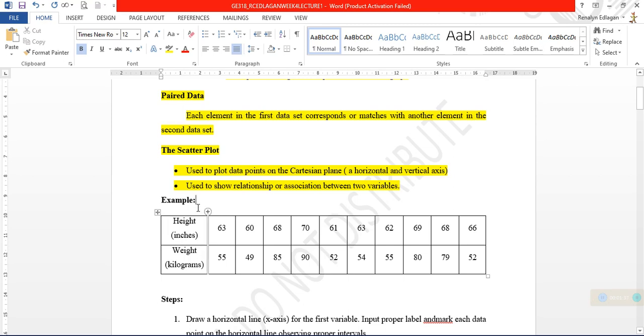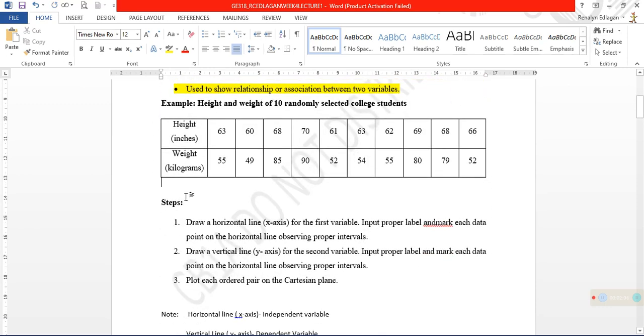Say for example, our question is, will height affect the weight of randomly selected students of PSBC? So this is the height and weight of 10 randomly selected college students.